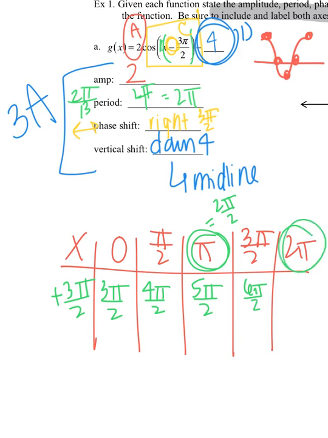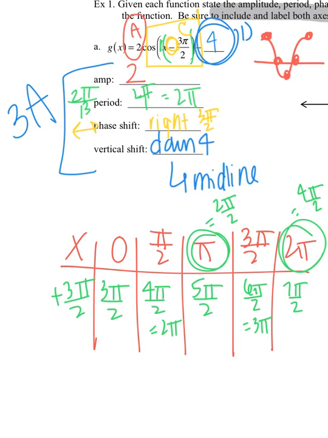And then same thing, when I get to 2 pi, I don't have a common denominator, but if I rewrite it, 2 pi is equivalent to 4 pi over 2. Now I can go ahead and add. And just looking, I can simplify 4 pi over 2, and I can simplify 6 pi over 2. Okay, so these are the 5 points that I will label on my x-axis.